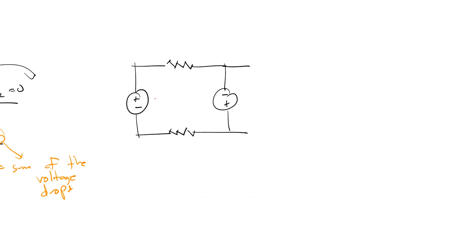So here's our direction of current, and let's write this is VS1, and this is VS2, and let's say this is VR1 and VR2. Right, so if we enter right here negative, then we go at positive. This is a voltage rise, and these positive elements will be voltage drops. So this will be plus, and this will be minus, plus and minus.